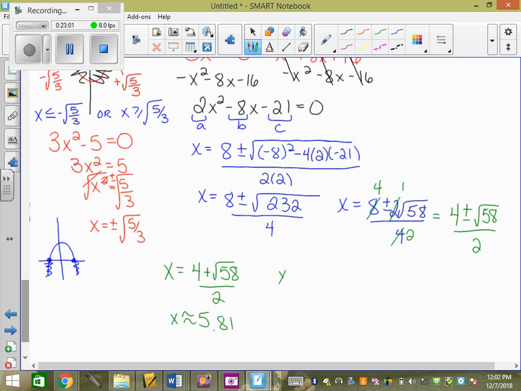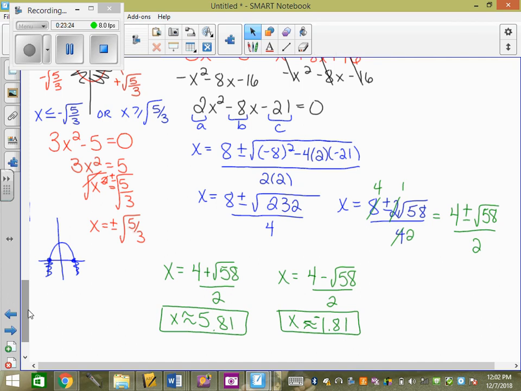And x equals 4 minus root 58 over 2, which is approximately negative 1.81. And when I check them in my calculator, they both work.